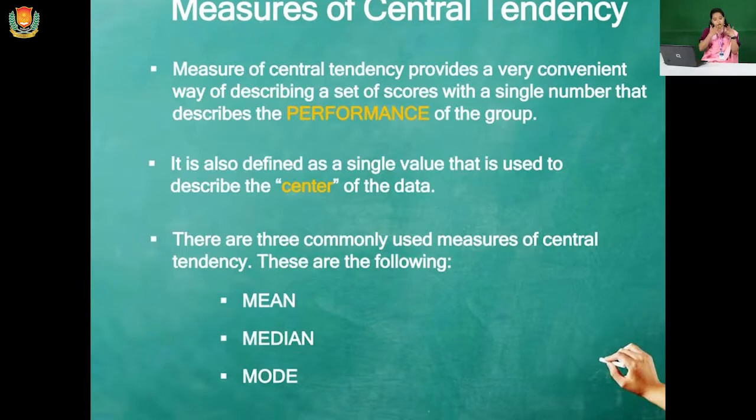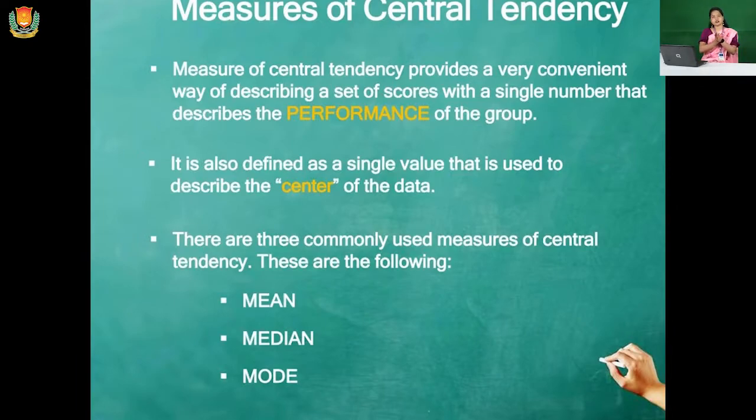So when we go with the mean, mode, median and other components of central tendency, we have to focus on how our data is performing in the market or in our research project.